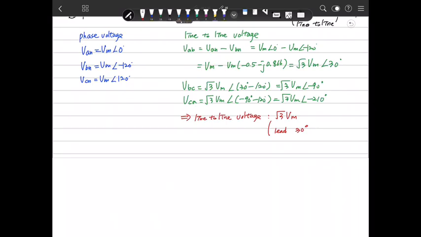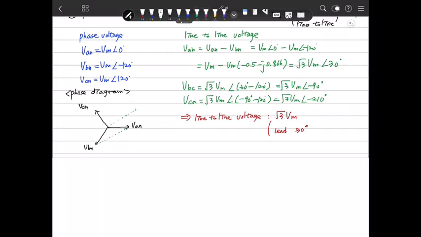So if you draw the phasor diagram of this, you find this is A, more simply, A and B, VAN, VBN, VCN. Then VAB, this is a VAB.